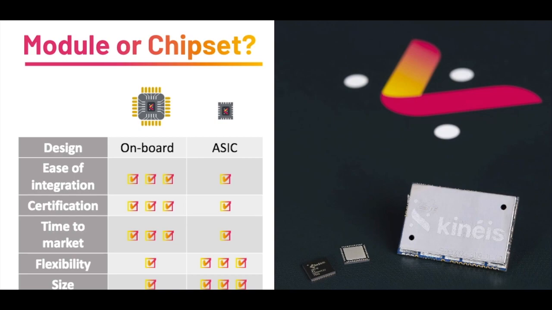So the module has its advantages. First of all, the ease of integration, because all the radio frequency components are included under the shield, and it requires only a basic communication with a microcontroller, for example, and then it takes into account the whole transmission process, and only an antenna is required at the output.